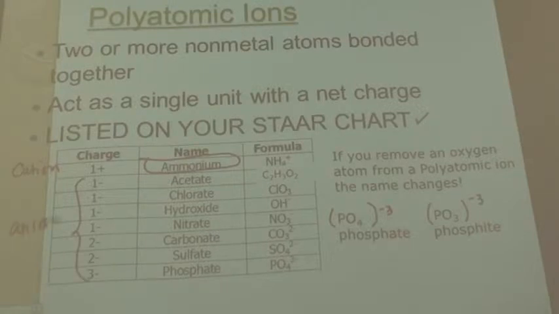And when you're writing an ionic compound, which goes first? The cation. Why? Because it's positive, and cats are better. So it's cation and then anion. All right, everybody good there?